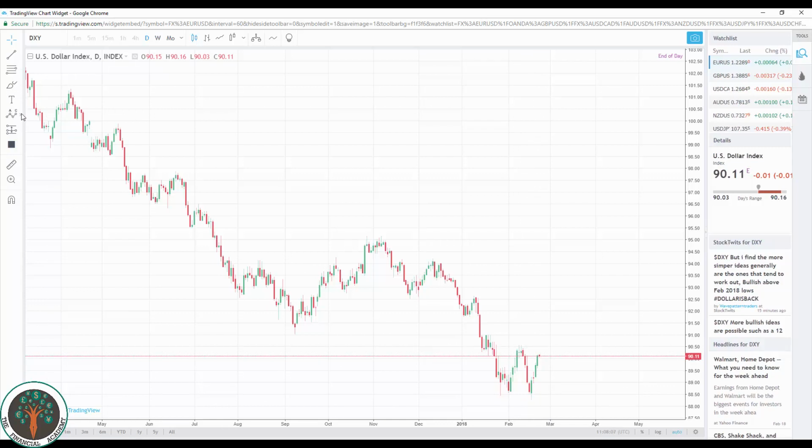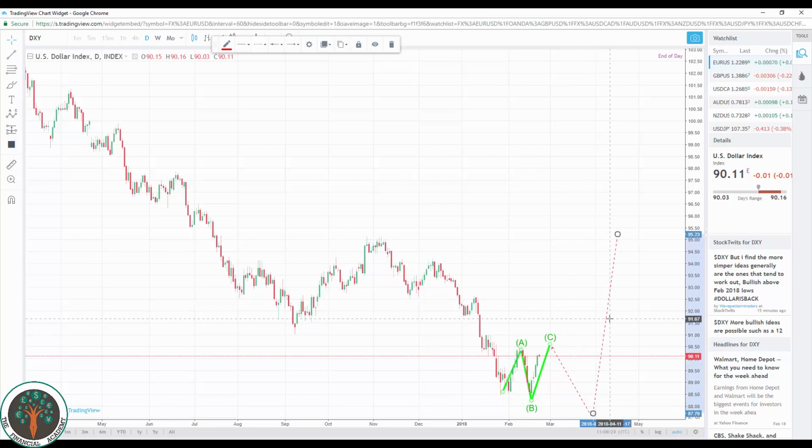We might see this as an A, B, and C wave before completing another downtrend movement, and only then seeing it climbing back up again. That is one analysis, and it's very logical based on this structure.